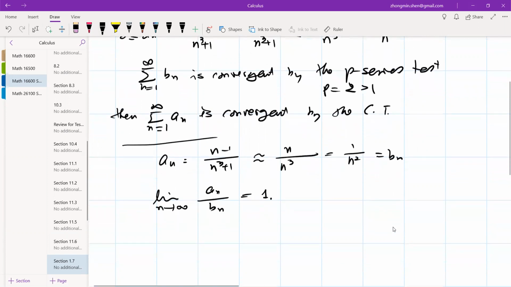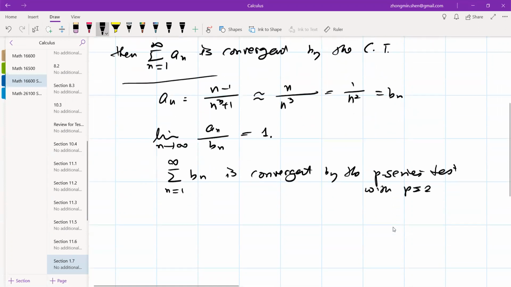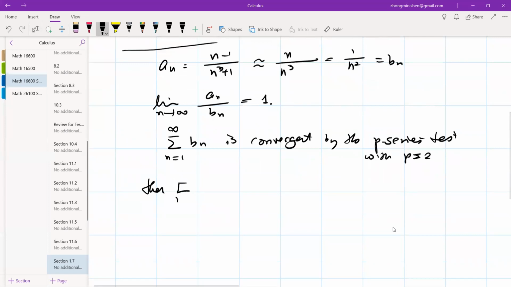Then the convergence of an is equivalent to the convergence of the sum of bn. Since the sum of bn, n from 1 to infinity, is convergent by the p-series test with p equal to 2, you conclude that this series is convergent.